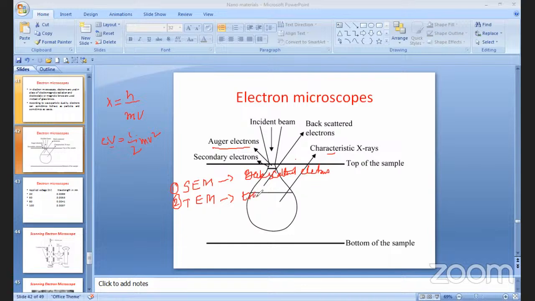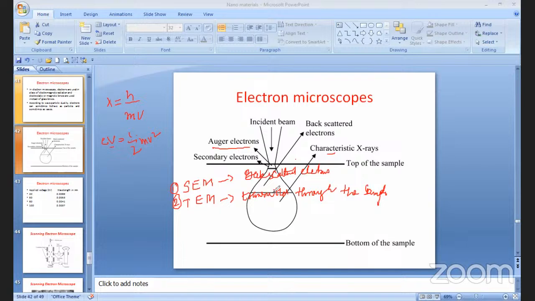So these transmitted electrons will be utilized to give the image in the case of the transmission electron microscope. That is the reason why we call it a transmission electron microscope, whereas in the scanning electron microscope, the backscattered electrons give the image.